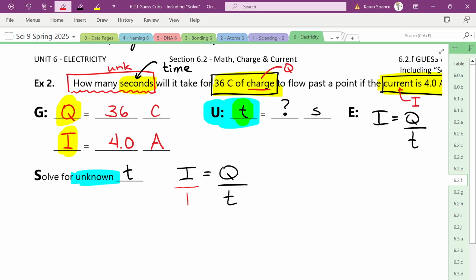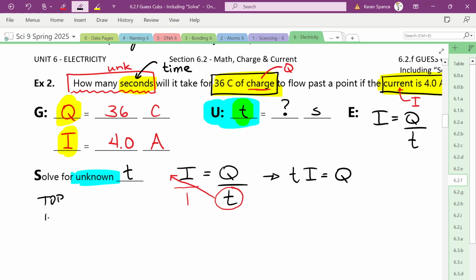Is T on the top? No. So the very first thing we have to do is move T up to the top. Don't try and get T by itself before you've moved it to the top. Otherwise, you'll have problems. So now we have T times I is equal to Q. So T is on the top.